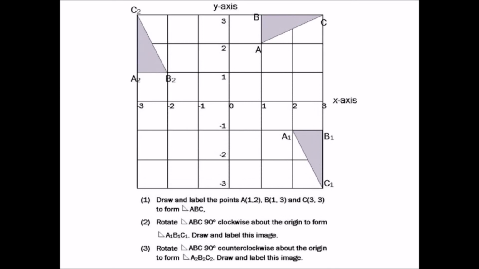There you have it. That's a rotation of triangle ABC 90 degrees counterclockwise about the origin, and you label it A2, B2, C2. Okay, so you've done a complete question. If you got that correct, then you have understood rotations, my friend.